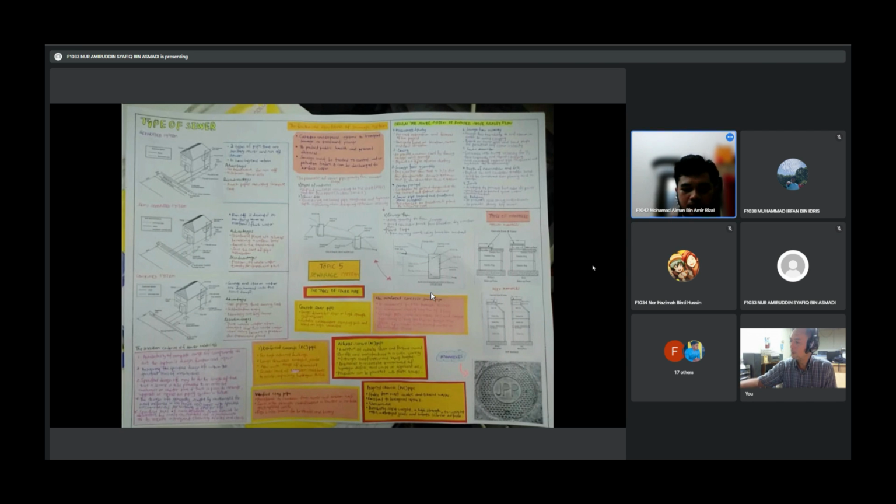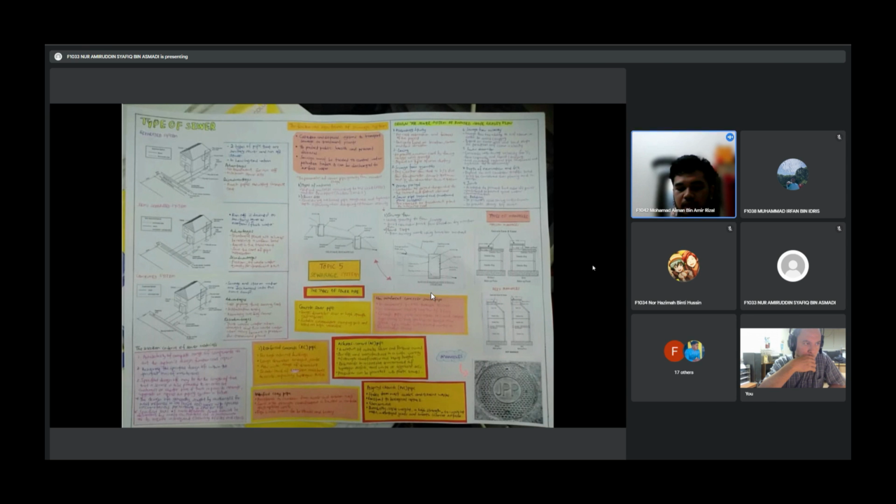Sewer pipes have vitrified clay pipes, asbestos cement pipes, reinforced concrete pipes, concrete sewer pipes, non-reinforced concrete sewer pipes, and polyvinyl chloride, or we call PVC pipes.